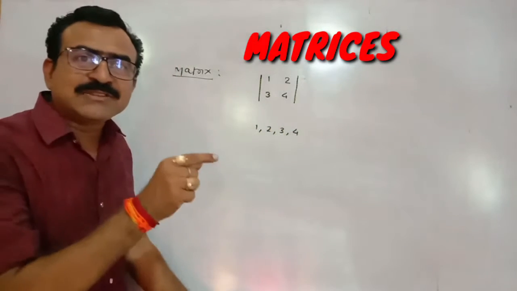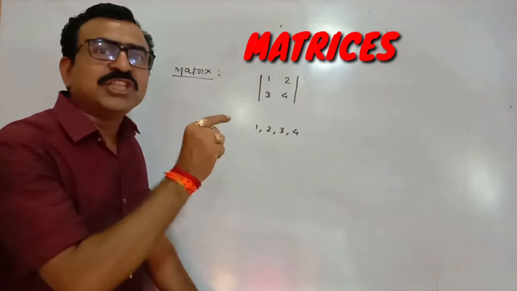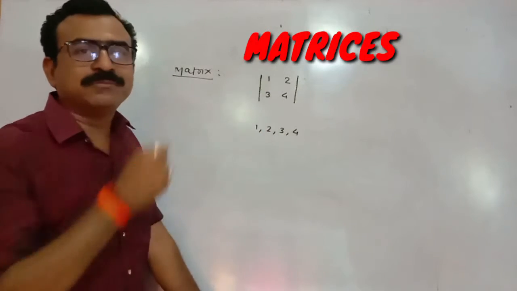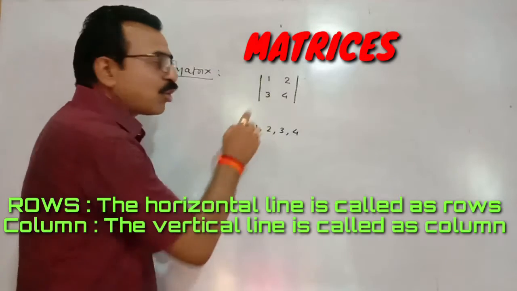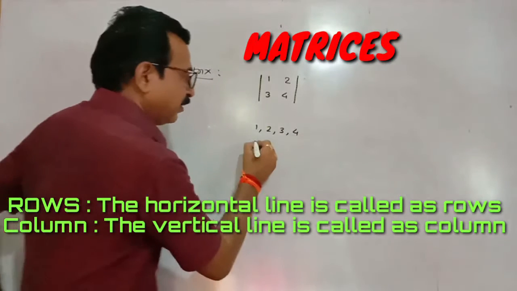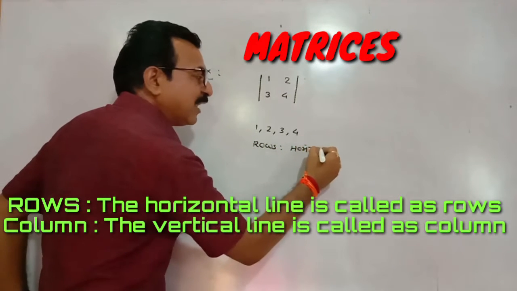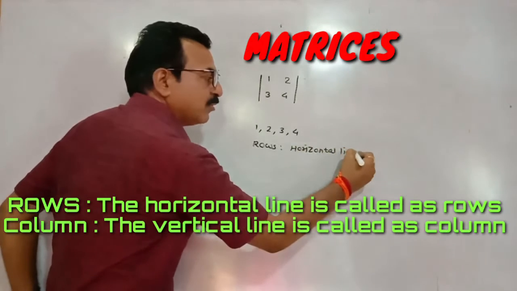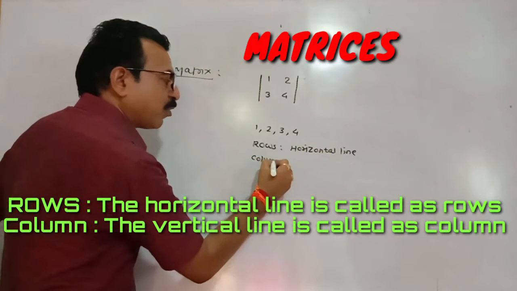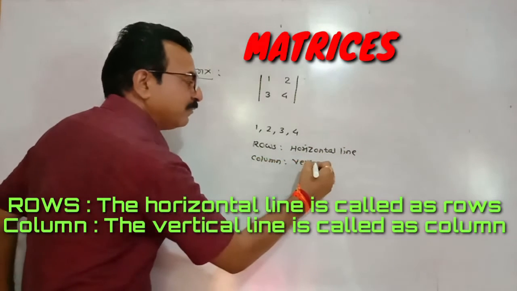Okay. And these numbers are arranged in some rows and some columns. Rows means horizontal lines. And column means vertical line.